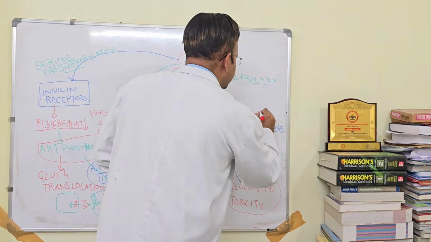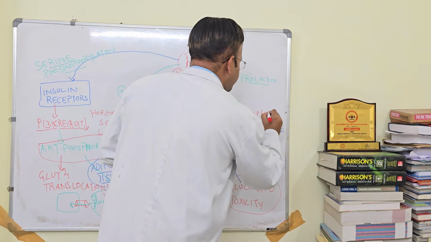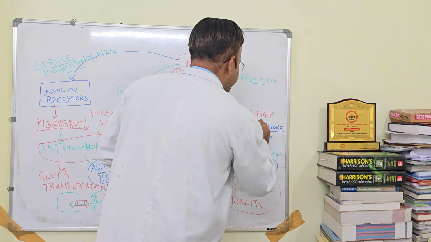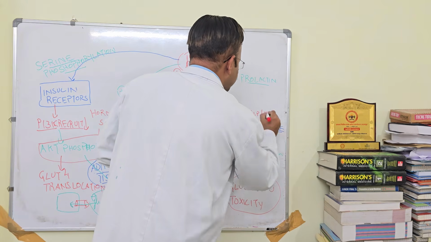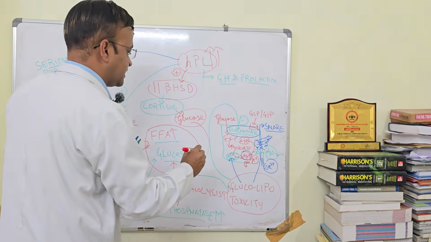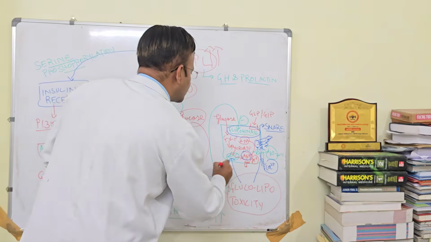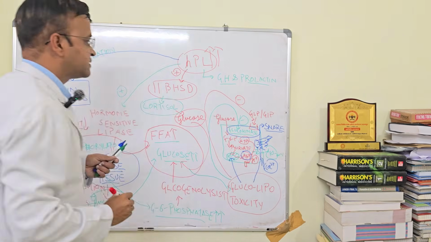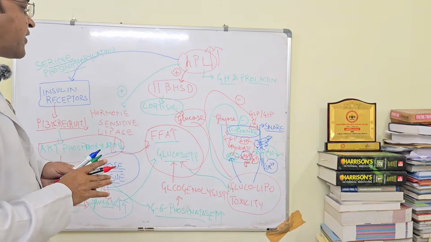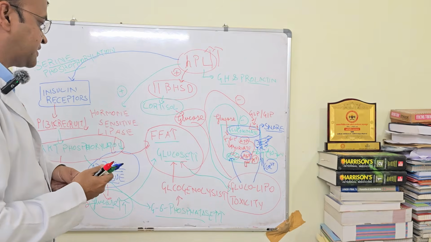Through which mechanism do they act? They act through the adenyl cyclase mechanism, right? So this glucolipotoxicity is going to inhibit this also. It will also lead to incretin resistance, right?